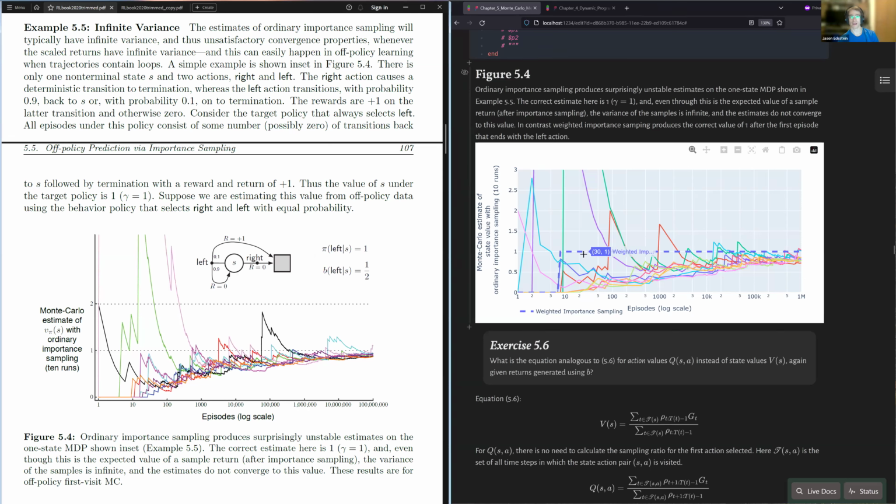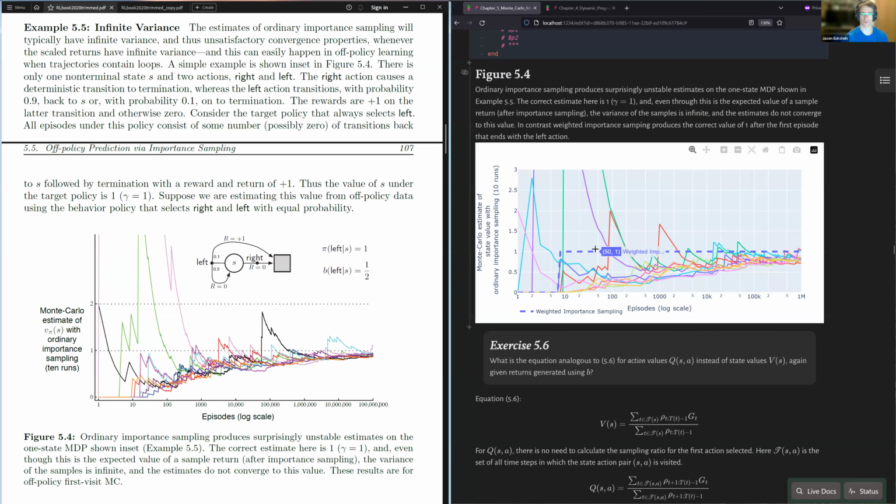Those are the only terms that will contribute here. So the estimate will just stay at whatever it's initialized at, in this case 0, until we observe an episode like that. And then as soon as we get a single sample that is useful to us, meaning it has a non-zero weight, then we just always have an estimate of 1.